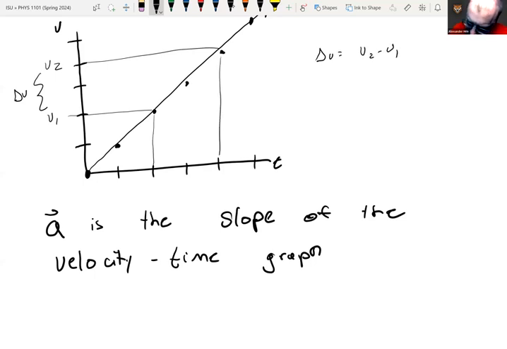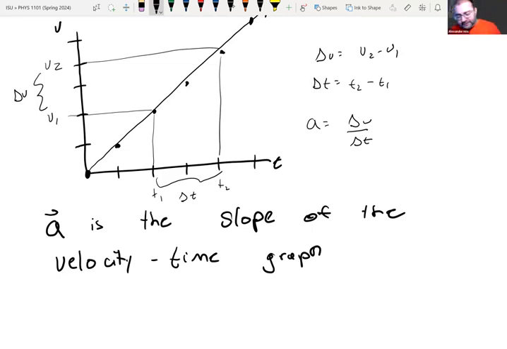And then we go down, and then our delta T would be right there. So we'll call that T1 and T2. Delta T is going to be T2 minus T1. And then A is just going to be delta V over delta T. Well, again, that's just the rise over run of this graph. So this can be a really useful thing if you're trying to find acceleration from these graphs. Okay, so that's something to keep in mind.